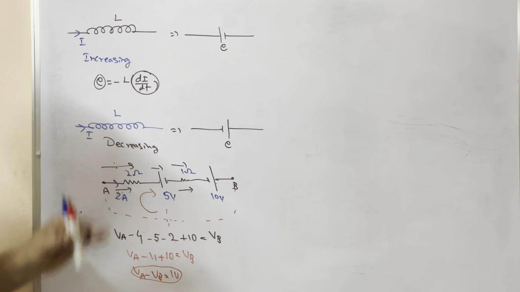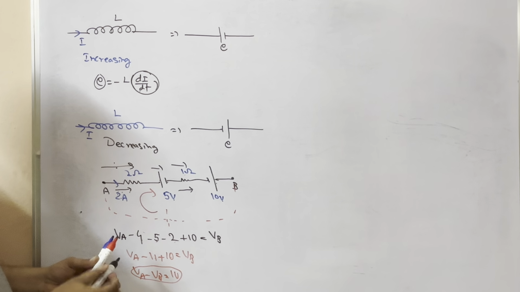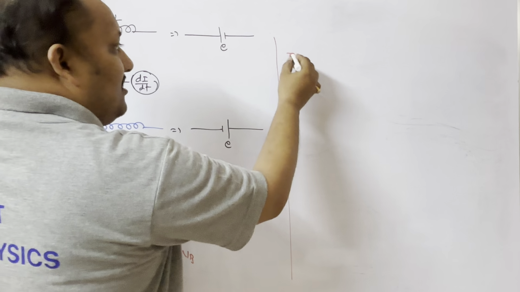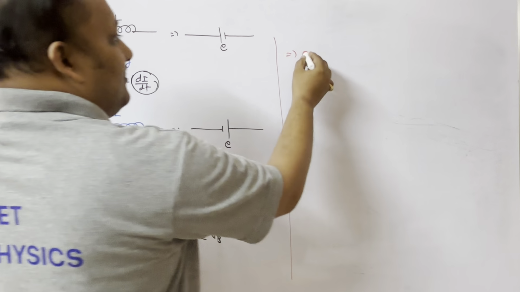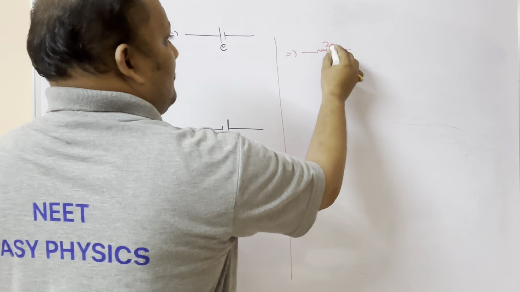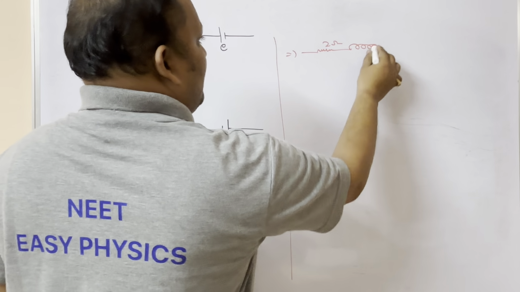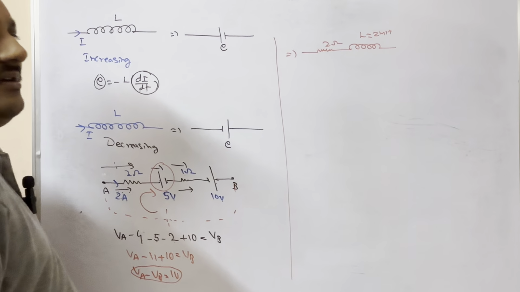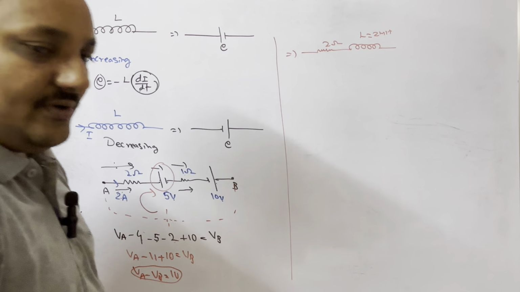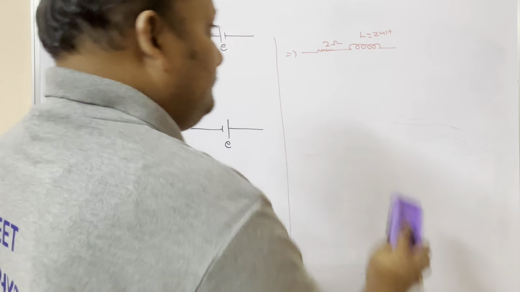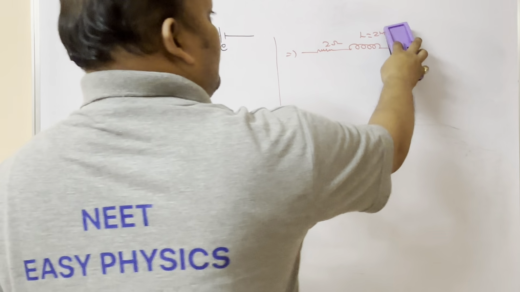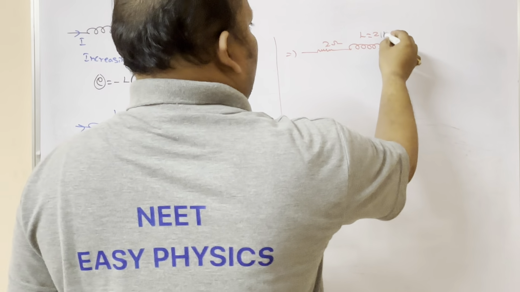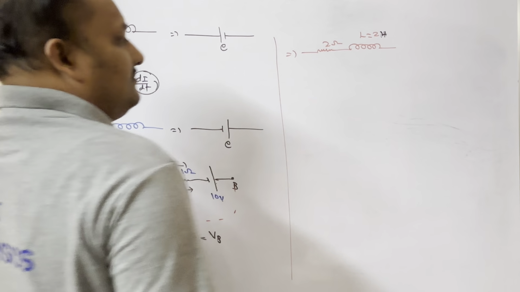Now in place of this, they may give any one battery like this. Same question I am doing, with a small change. Just observe. 2 ohms. Now they will give an inductor, 2 millihenry or 2 henry, like that. So you can take 2 henry, or millihenry, microhenry, as they wish.